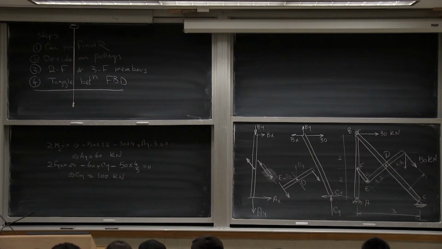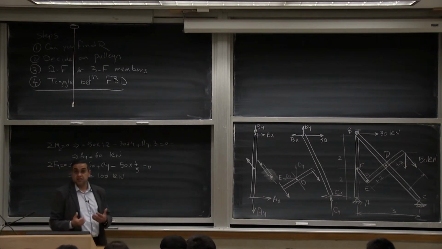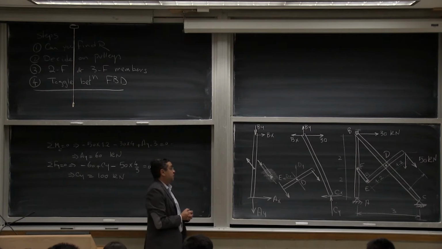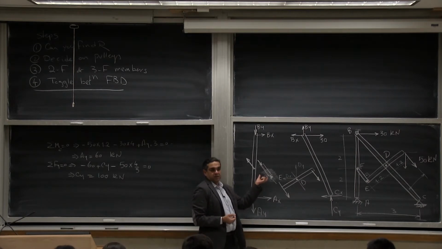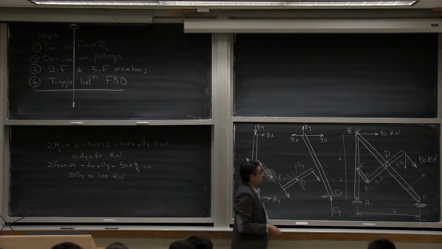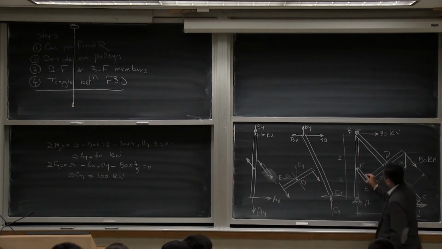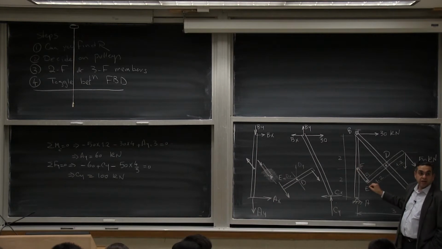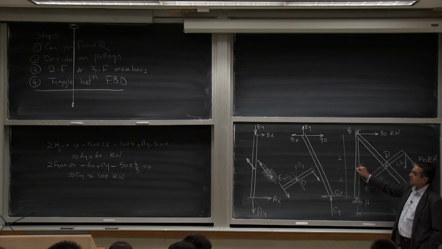There are two that I don't know. I'm also required to find the forces in the members. The first thing that I should note here, and this is a step that is very important in every frame, is this member here. This is a two-force member. Why? Because there is a hinge here and a hinge here. Much like a truss, a hinge here and a hinge here, which means that there is one force here and one force here.